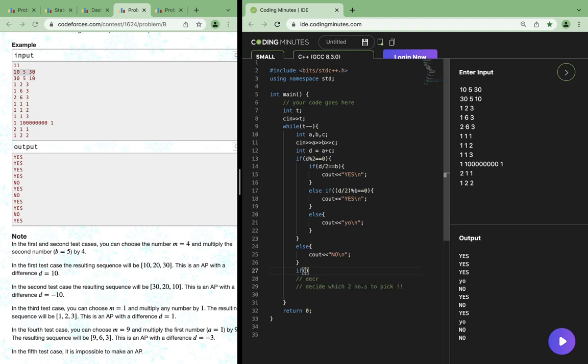Should I do all of the if else statements or not? Let's take an array of 3 length. So when can it not be converted? When can it not be converted?